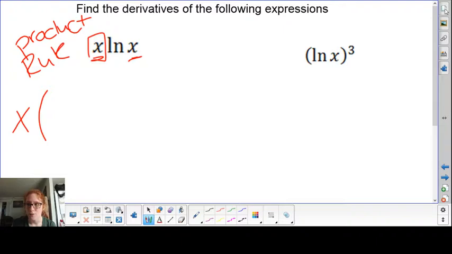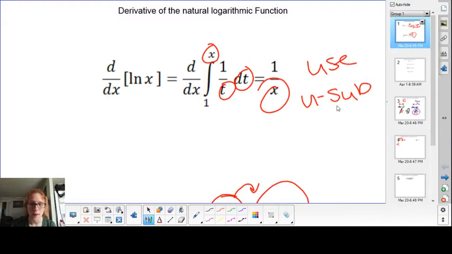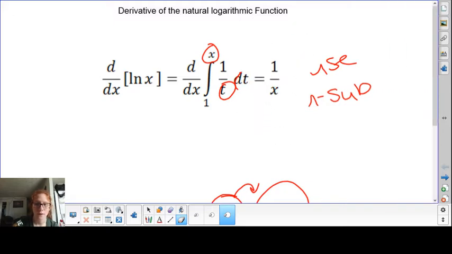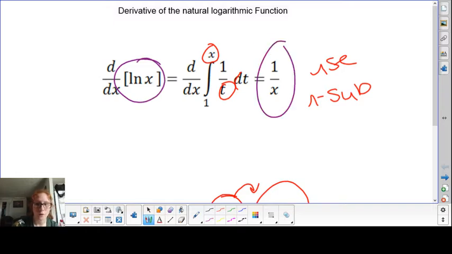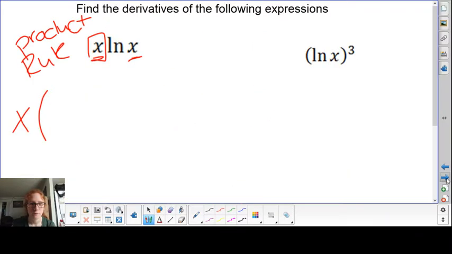But when it's just by itself, if I go way back to the beginning, so yes, I jumped a couple slides, the derivative of this guy is just 1 over x, which I like. It's one of the things I just need to know. So the derivative of my second piece is going to be 1 over x.